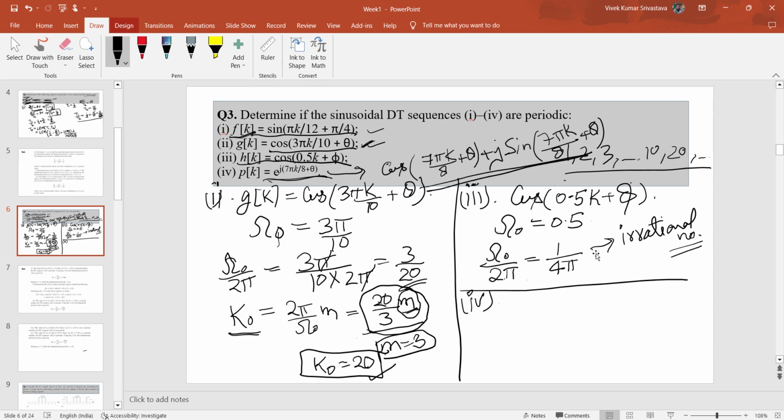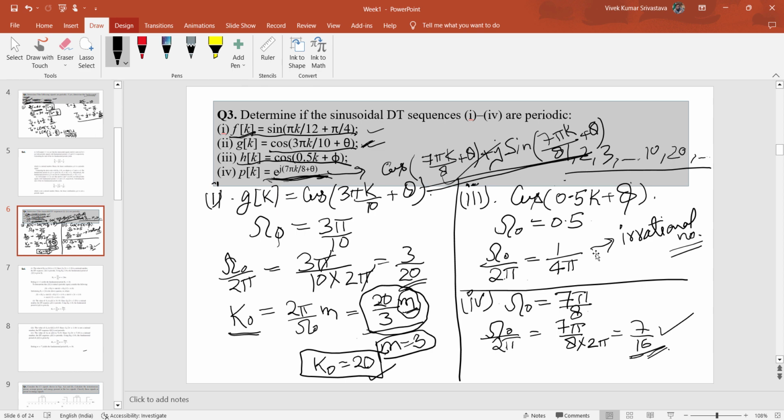That's how you can represent any complex exponential signal. Here also you first determine the value of rho naught, which is 7 pi by 8. Now you check the condition rho naught by 2 pi, which equals 7 by 16, a rational number. So if it is a rational number, this is a periodic signal.